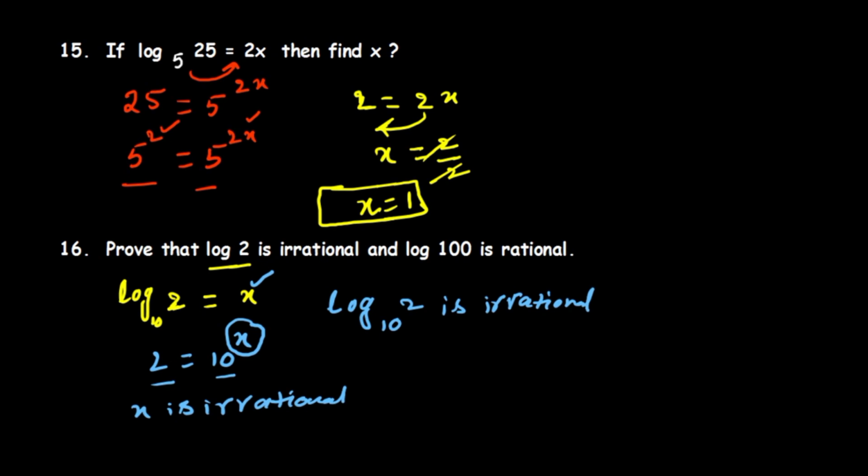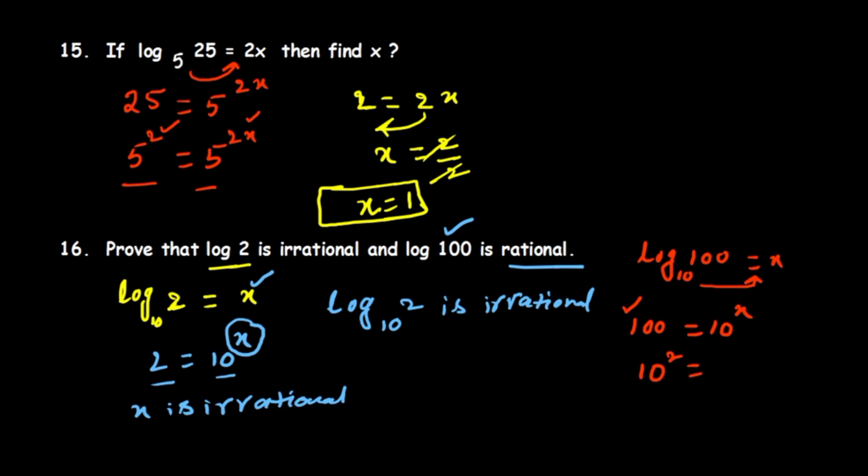Now we have another one, that is log 100 is rational. How to prove this one? Take log 100 base 10 equals x. This is the logarithmic form, we are going to write it into the exponential form. That means 100 is equal to 10 to the power of x. Now this 100 we can write as 10 square equal to 10 power x.